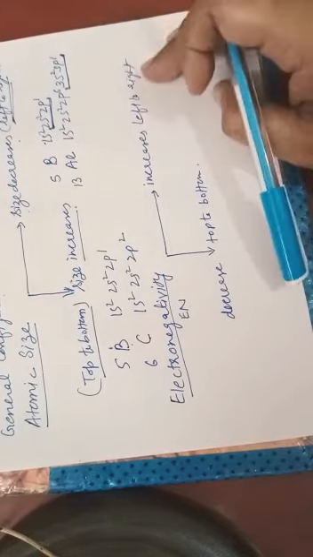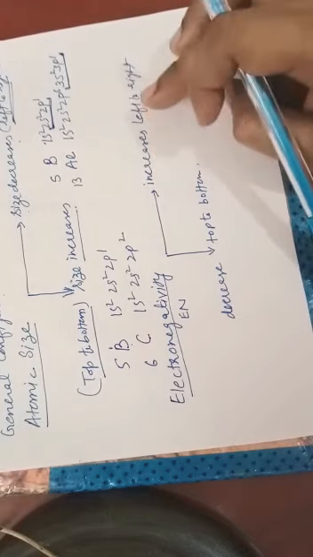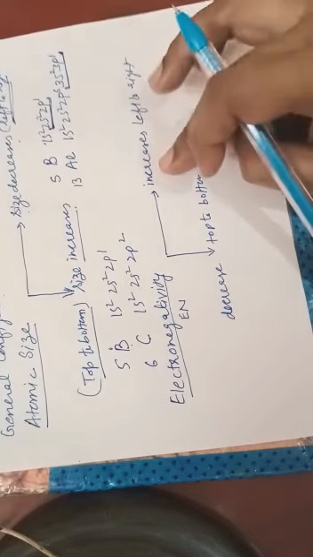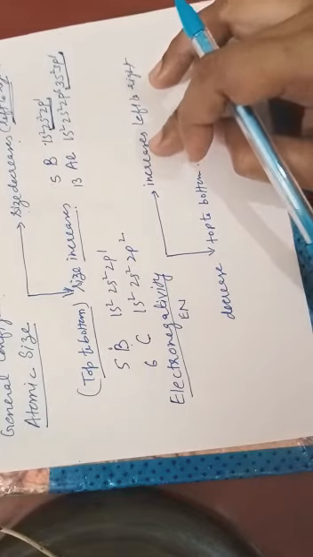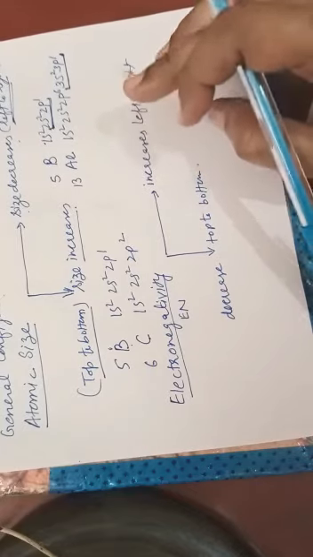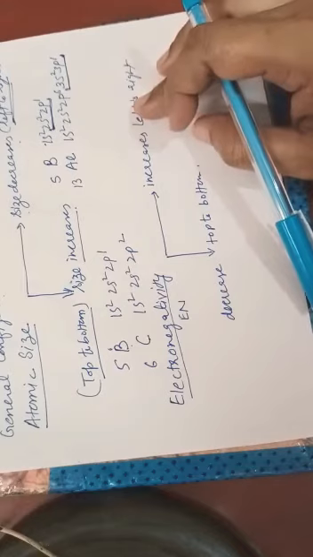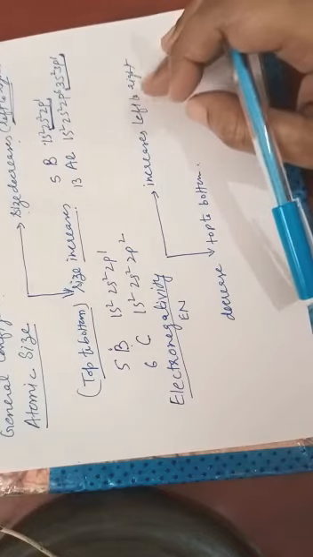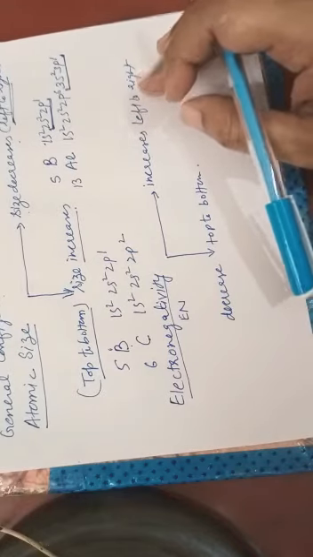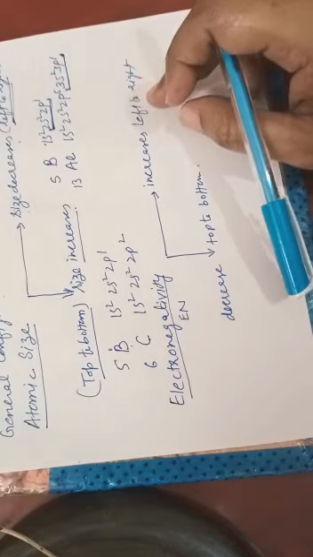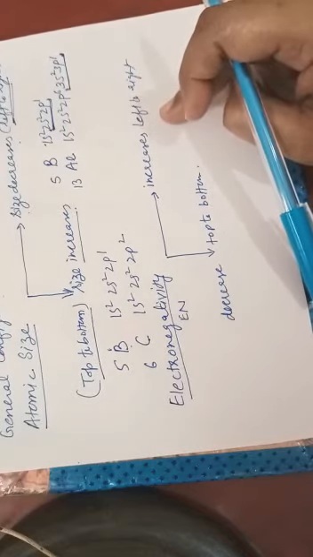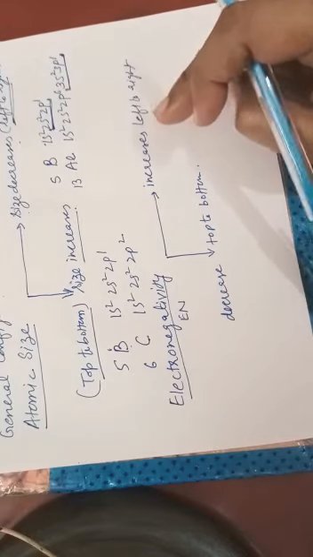Electronegativity increases left to right. When we move left to right, electronegativity increases because effective nuclear charge increases. But when we move top to bottom, electronegativity decreases because of the increase in the number of shells. Effective nuclear charge is not so predominant.